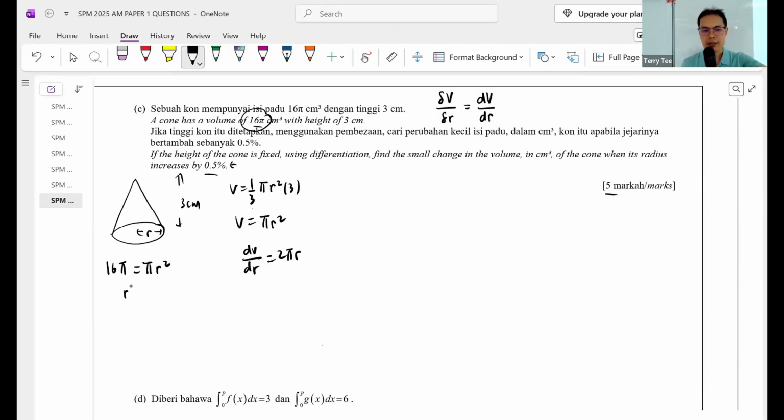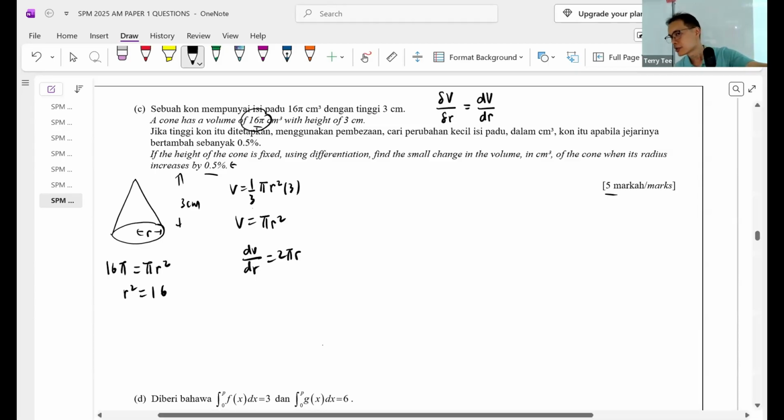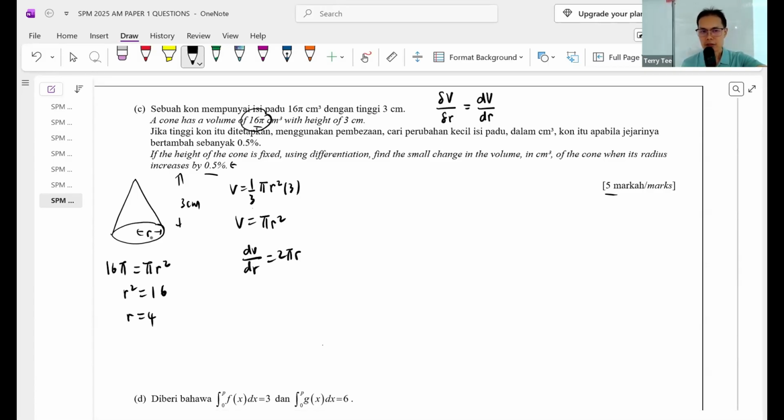Can we cancel them? r squared is 16. What is square root of 16? Square root of 16 is 4. That means when your height is 3, the radius is 4. So initially, your radius is 4. So we can sub here, r equals 4. What's your dV dr? 2 pi times 4. Answer 8 pi. All right, 8 pi.